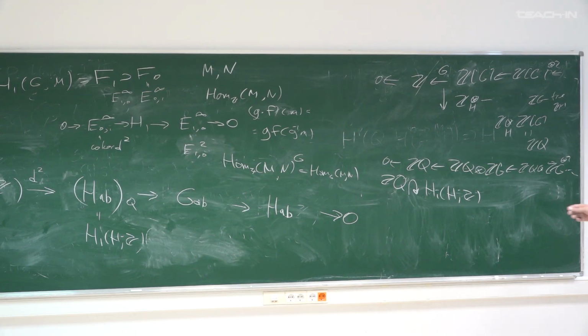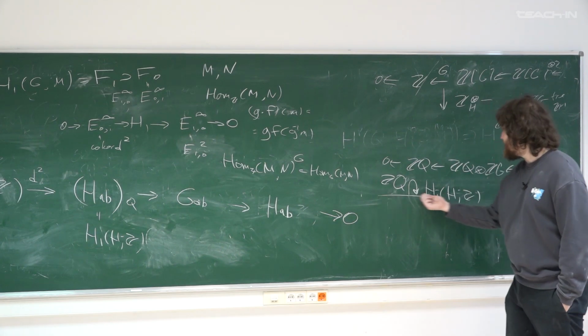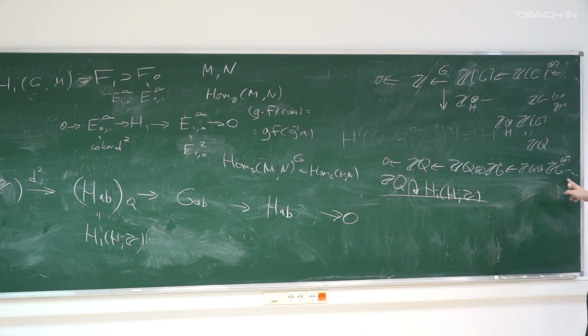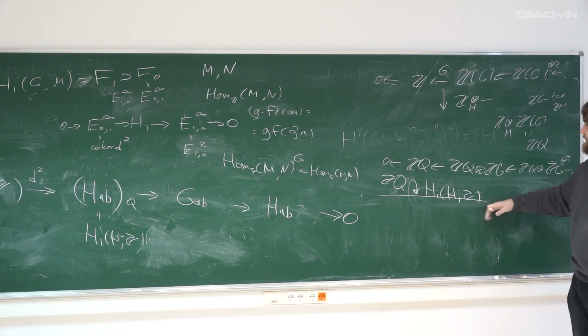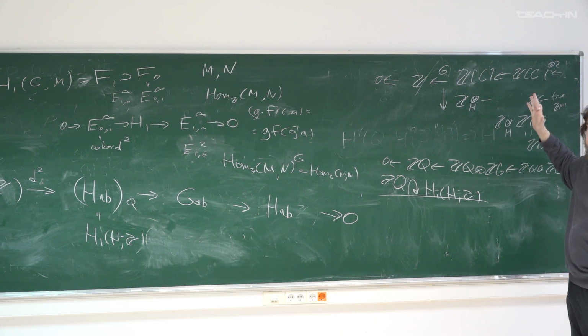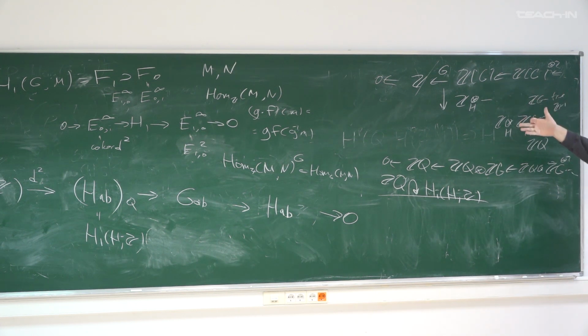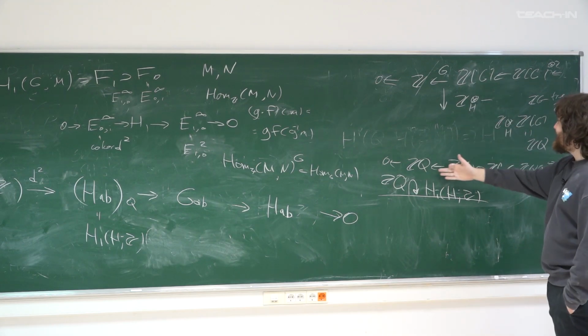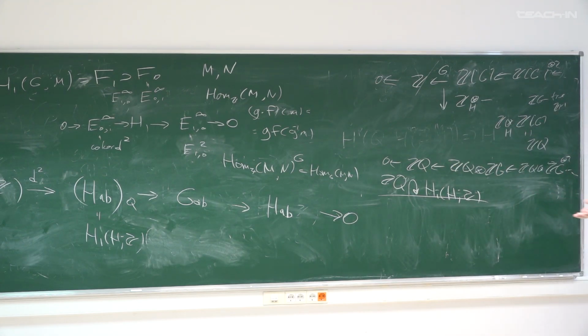So in fact, I obtained that the ZQ module structure on homologies comes from the ZQ module structure on this chain complex, whose homologies are these homologies. By this observation, I can consider not just an H resolution, but a G resolution. Then if I tensor it with Z over H, I obtain a chain complex of ZQ modules.